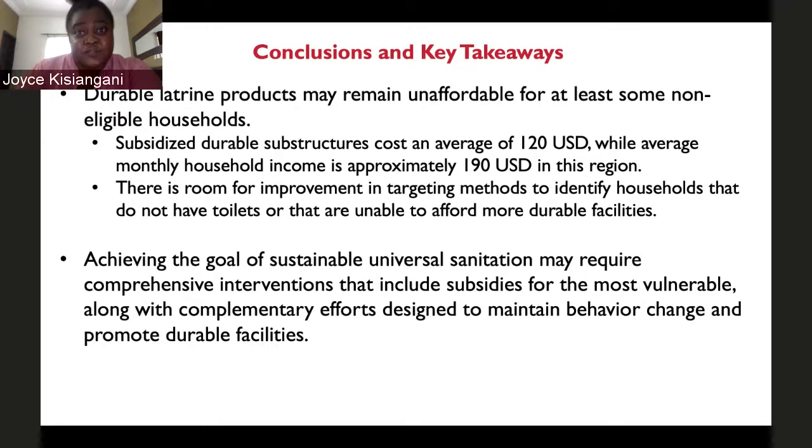Non-eligible households were also provided with flyers with details on these durable latrine substructures. The artisan also spoke about the option, so they knew they could approach the artisan, negotiate with them, and get the durable latrine substructure in case they wanted.